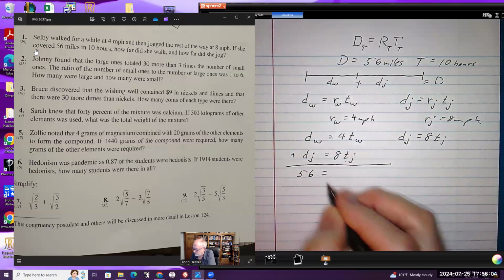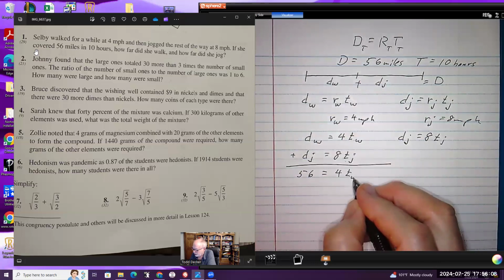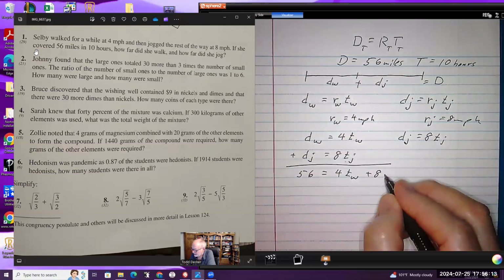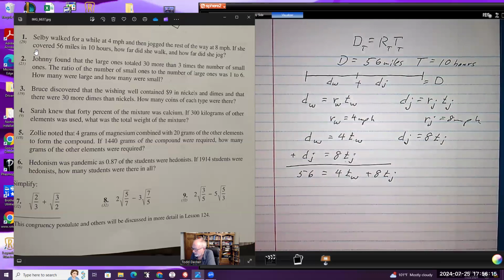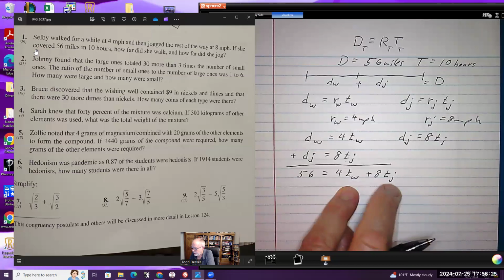So I know that 56 miles is 4 times the time that she walked plus 8 times the time that she jogged. Wow, now I got one equation and two unknowns. If only I could have some information that would relate the times.